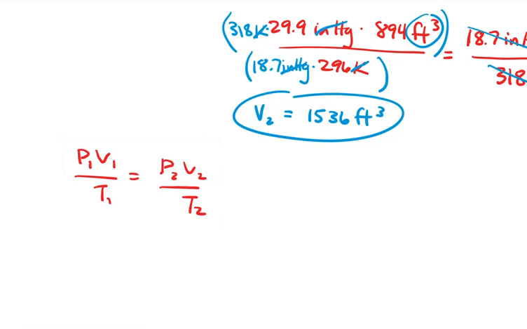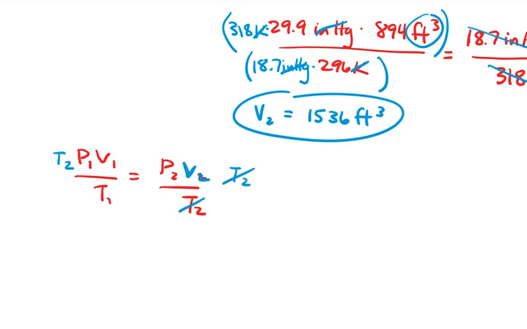If I wanted to get V2 by itself, since I've figured out that that's what I'm solving for in this problem, and I'm going to make it blue so I can isolate it here, I would do what we just did with the variables before I even start. So multiply both sides by T2, and that'll cancel it out of this side.